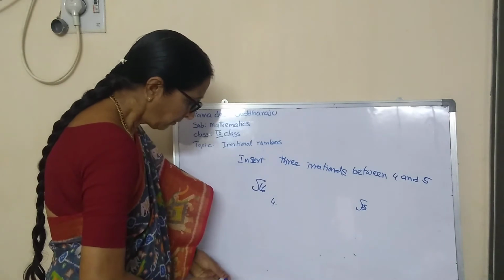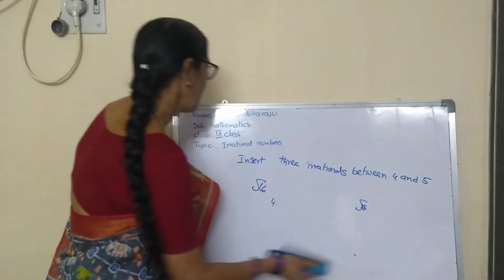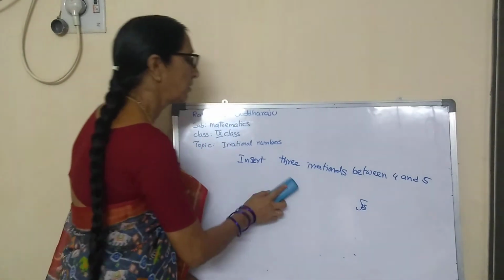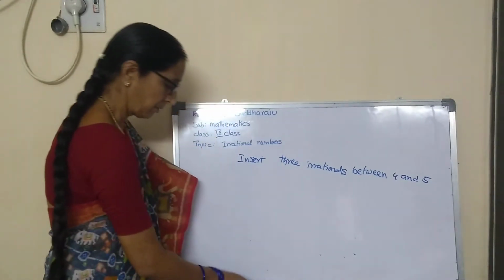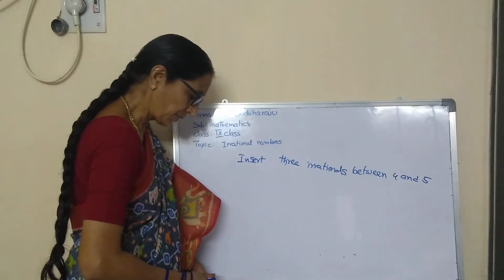If two fractions are given, how can we insert irrational numbers?